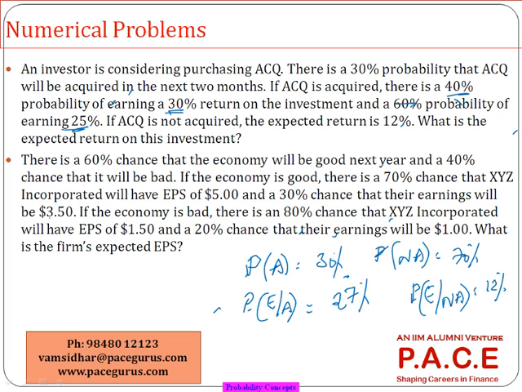I need to find E. As I said, E given A into P of A plus E given NA into P of NA. You can very well do that. There is a 30% chance of getting 27% and a 70% chance of getting 12%. So again a weighted average is what will give you your expected return in the scenario.